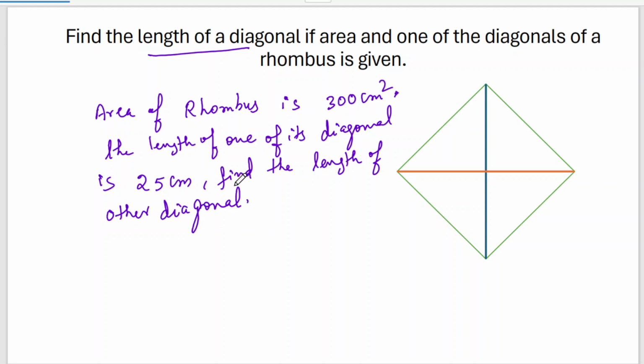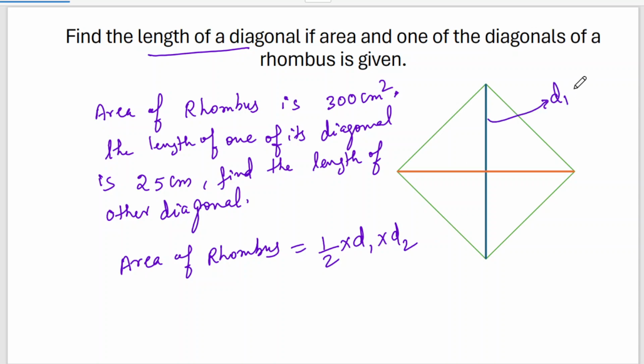Okay. Now, how will you find this? See, we know the formula area of rhombus equal to half into product of diagonals. Okay. Now, let us assume that this is your D1 and which is given as 25 centimeter. Okay. And this is your D2 whose value is needed to be found out. Okay.